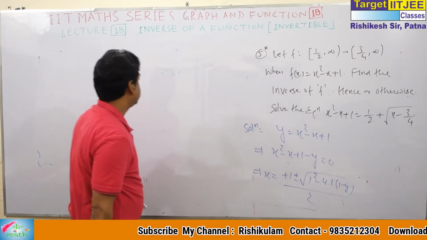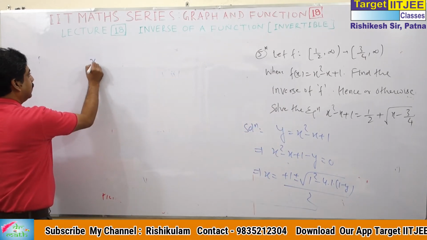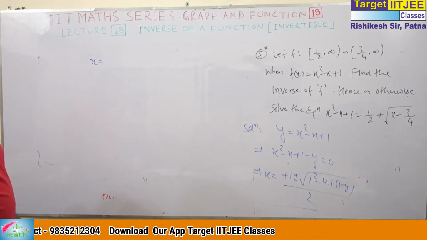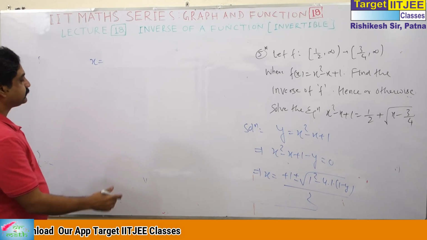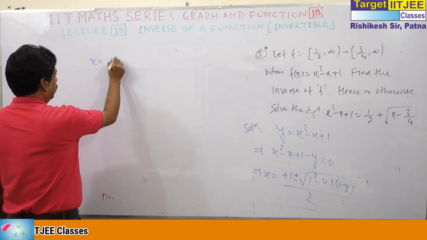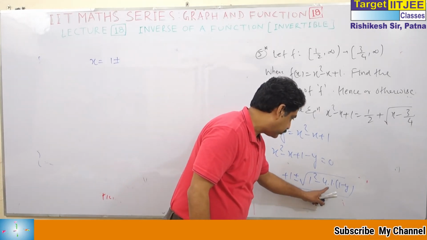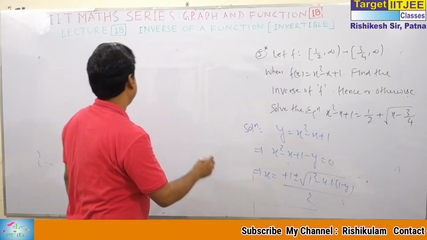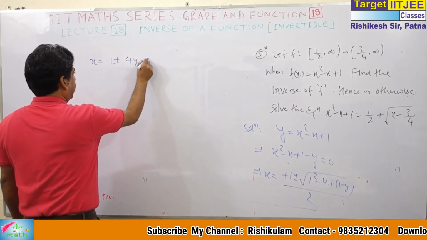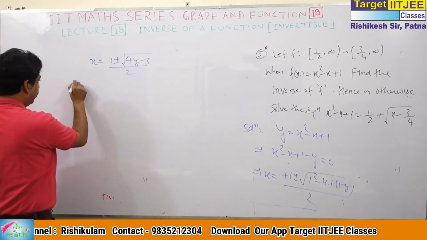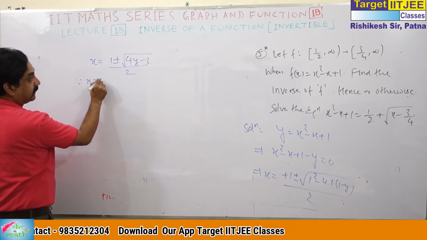So x = (1 plus or minus sqrt(4y minus 3))/2. We know x is greater than or equal to 1/2.